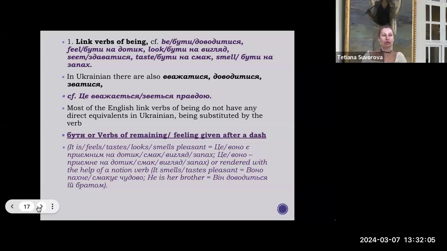And most of the English link verbs of being, and of becoming, we have several groups of them. They do not have any direct equivalent in Ukrainian and can be substituted by the verb: it is, or it feels, it tastes, it looks, it smells pleasant. Це або воно є приємним на дотик, на смак, на вигляд, на запах.